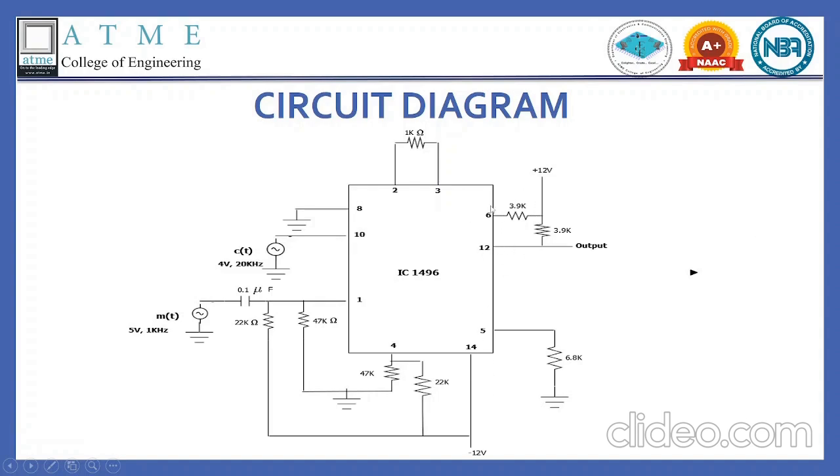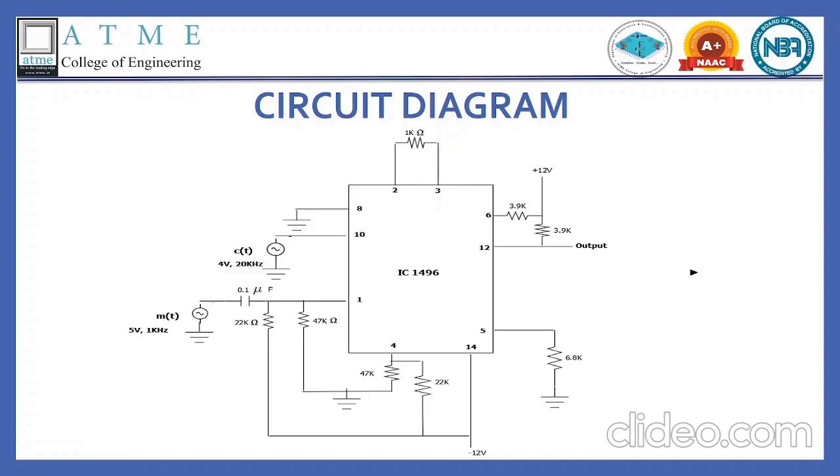Here we have pin number 6 and 12, which are the output pins. We are going to get the output through these two pins using resistors 3.9K and 3.9K connected here, and finally it is connected to plus 12 volts.